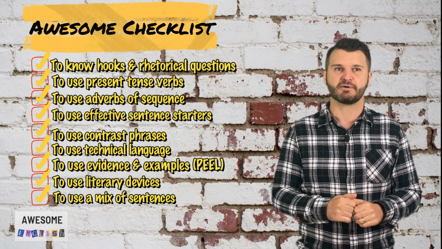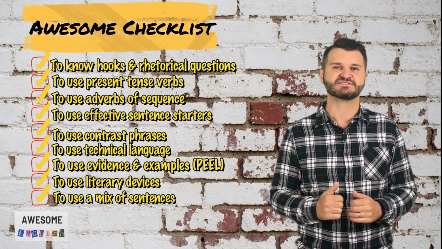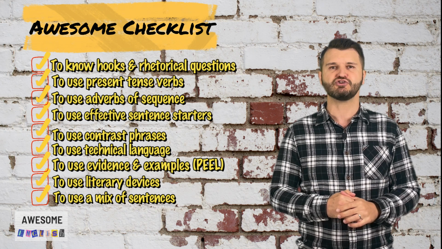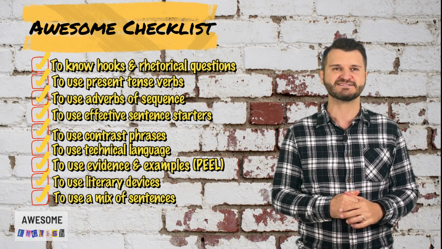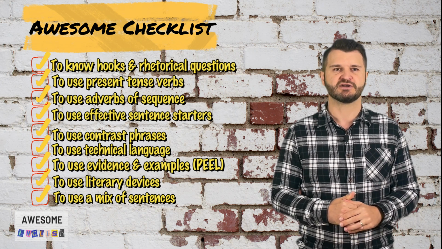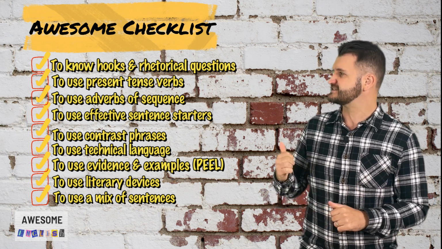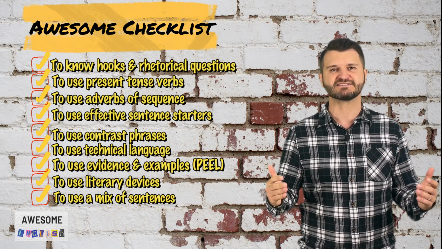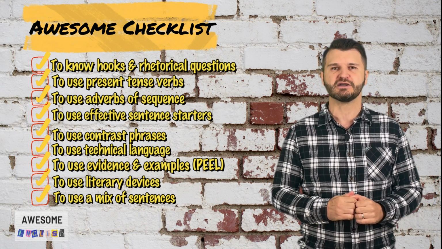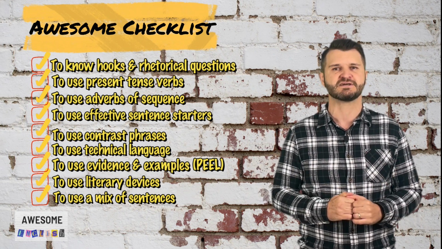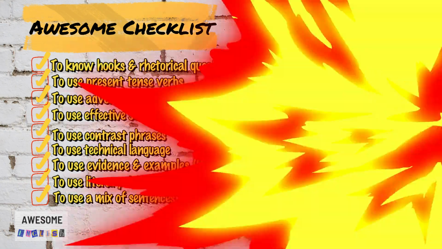Give me a thumbs up if you know we need to use effective sentence starters. Then another thumbs up if you can use contrast phrases. To use technical language. To be able to use evidence and examples like Peel. To be able to use literary devices. And finally, a big thumbs up if you know we need to use a mix of simple, compound and complex sentences. Alright, let's keep moving.